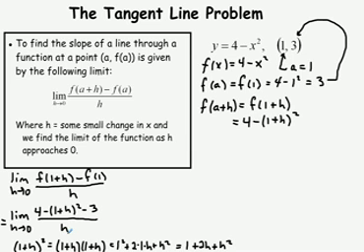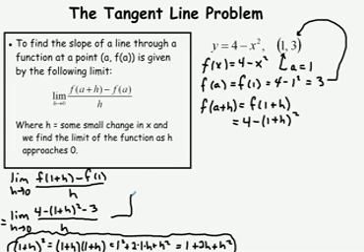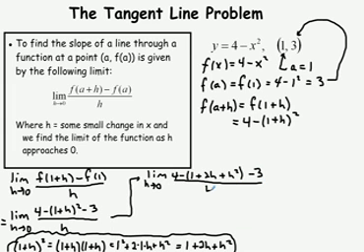So that's what we're going to replace in our formula up here where we see 1 plus h squared. I'm going to just sort of cordon that off right here. We'll come over here. Our limit now looks like this. The limit as h approaches 0 of the quantity 4 minus the quantity 1 plus 2h plus h squared, minus 3, all divided by h.